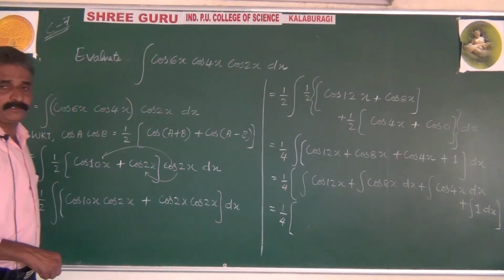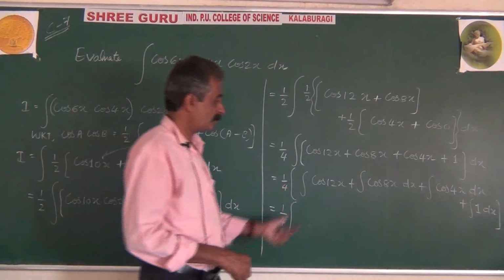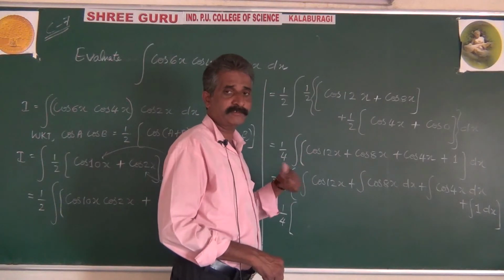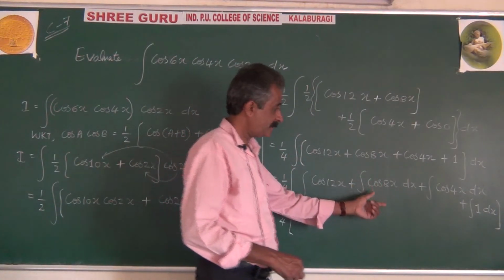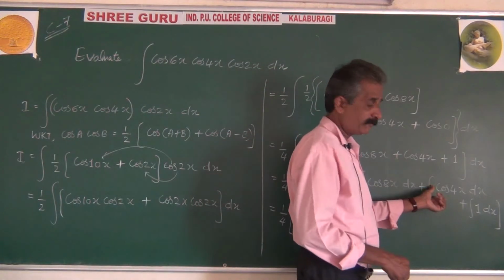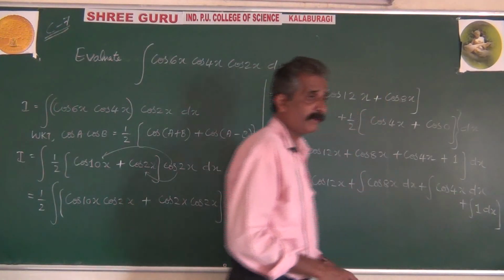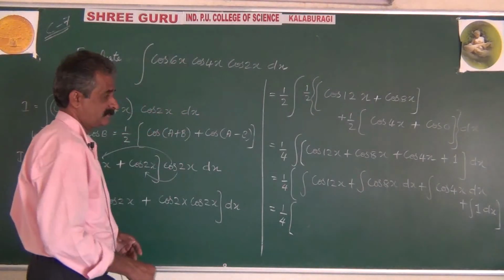Now direct formulas, all the same type. Integration of cos 12x is sin 12x by 12, here sin 8x by 8, here sin 4x by 4, whereas integration of 1 dx is x.